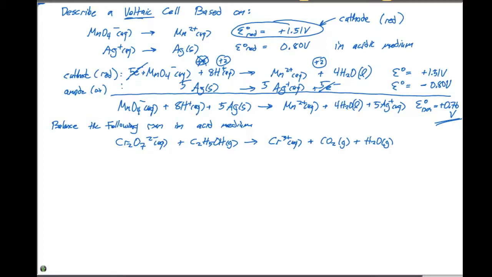Another thing we have to look at is if I have a particular compound or ion, the sum of the oxidation states has to add up to equal the charge on that ion or compound. If an ion, like in this case, has a -2 charge, the sum of the oxidation states has to add up to -2.